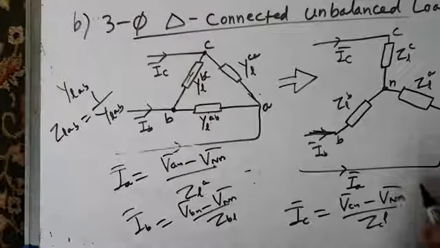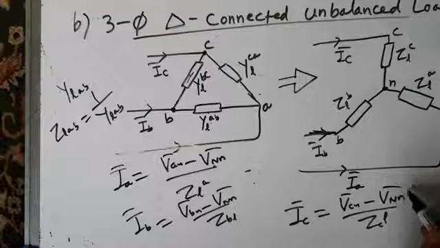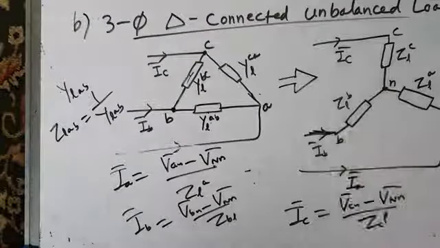If you know VNN, and you already know the mathematical expression for VNN. If VNN is not equal to 0, your system is unbalanced. You can calculate VNN using the same equation.